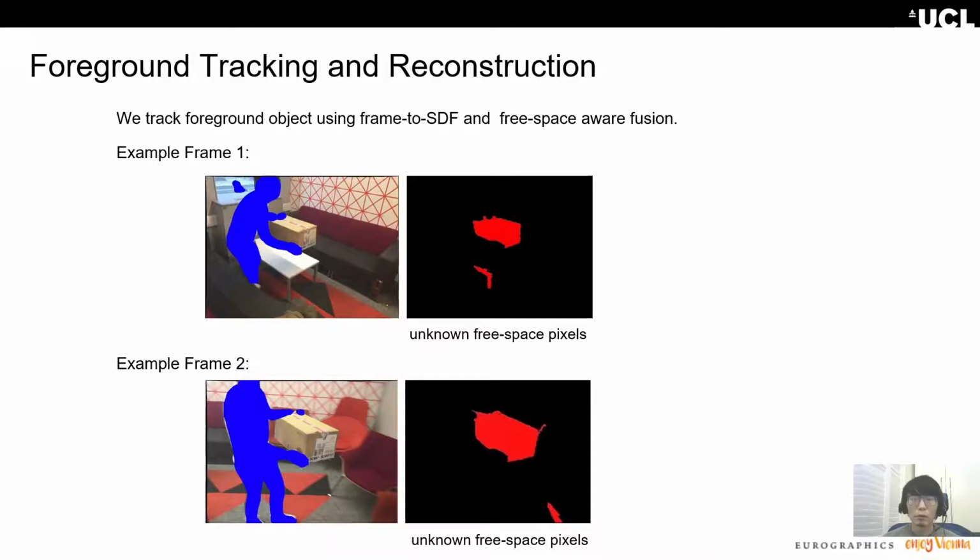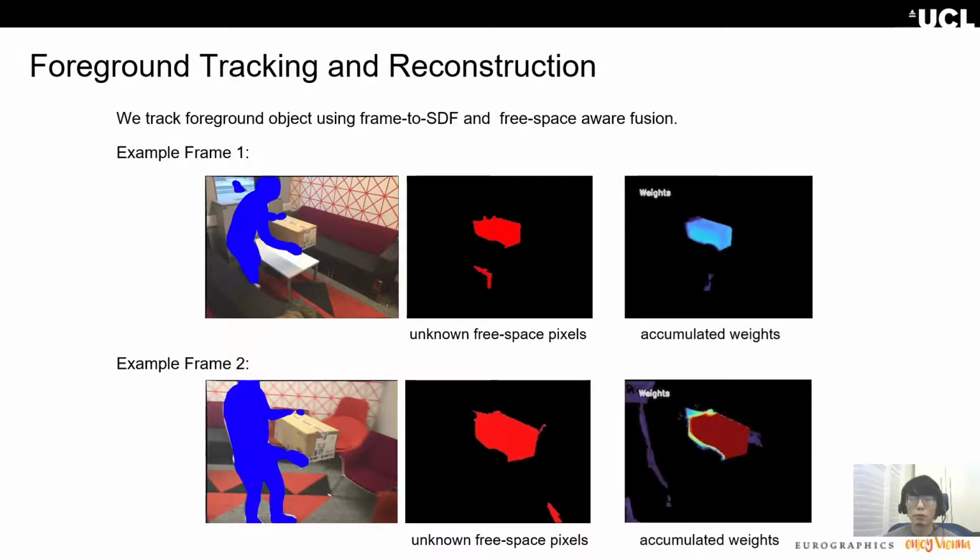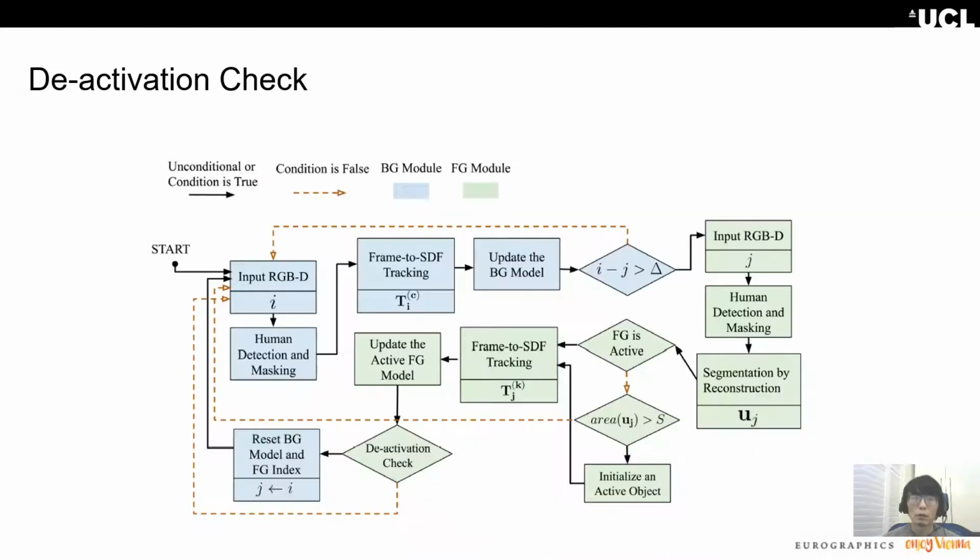Again, we will track the foreground object using frame to SDF objective and free space aware fusion. The cumulative weight in the foreground model can be used to further remove outlier, as shown in the image. If we have a wrong foreground detection, for example, we track a noise from the background, the tracking will usually fail due to lack of correspondence.